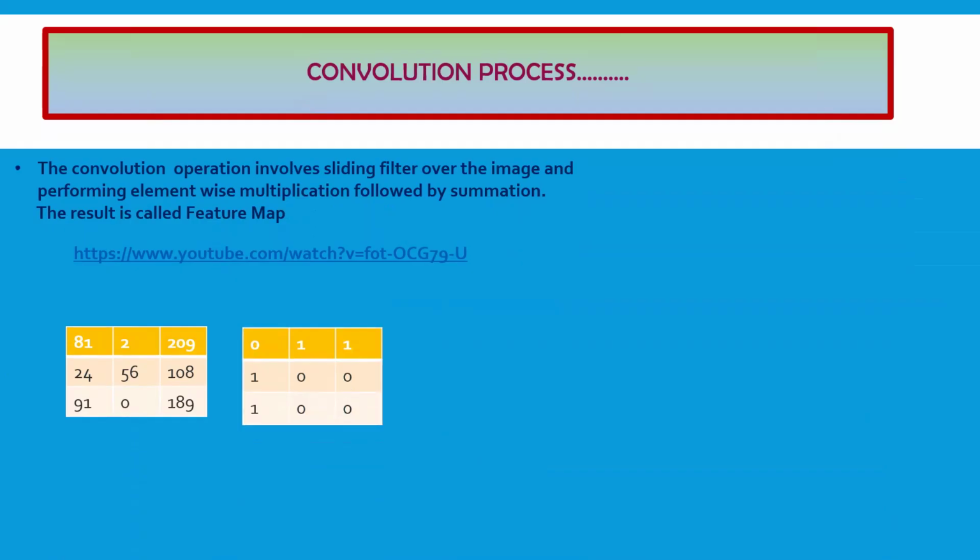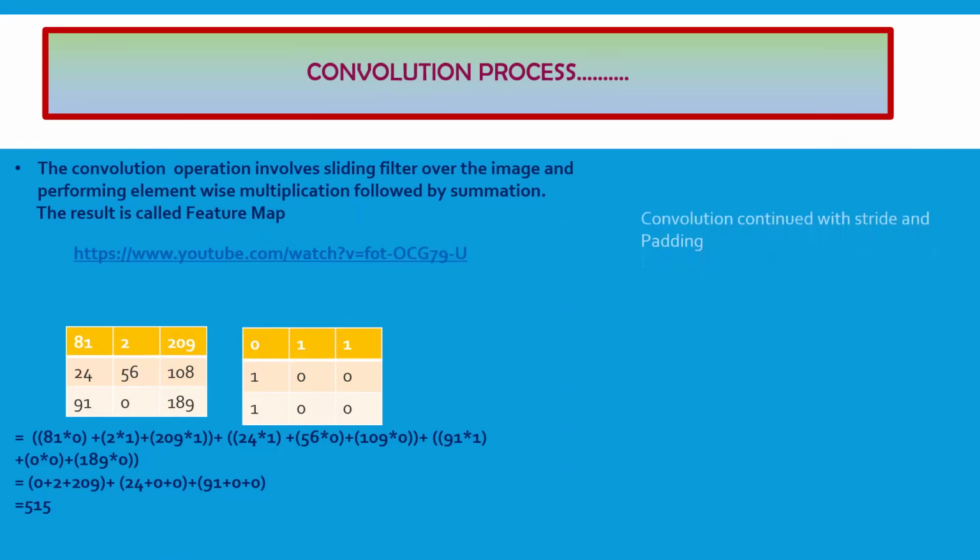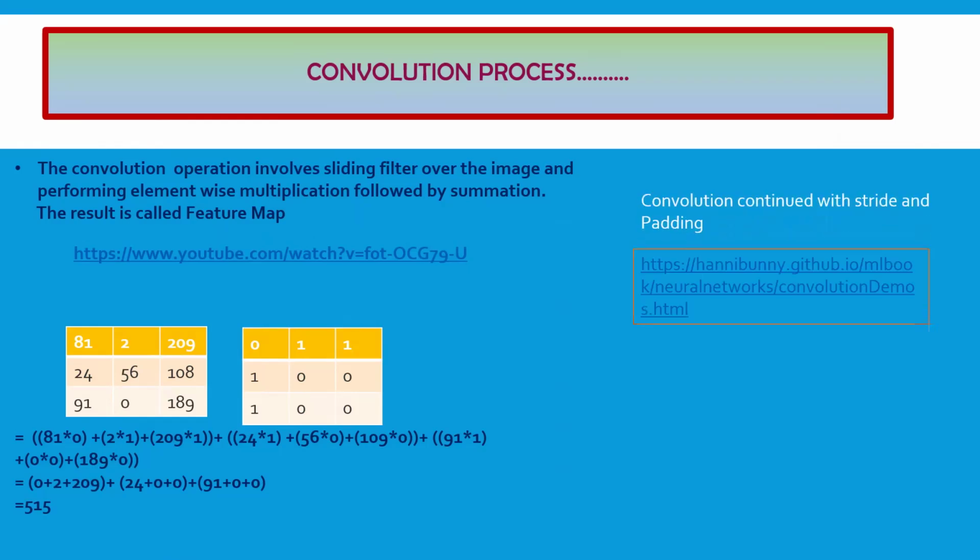Basically it's an element-wise multiplication of the elements of the filter with the corresponding image pixels, and then add all the results. So we calculate here 81 times 0, 2 times 1, 209 times 1 plus etc. So we will be getting the result number as 515 in this case, which goes into the top left cell of the feature map.